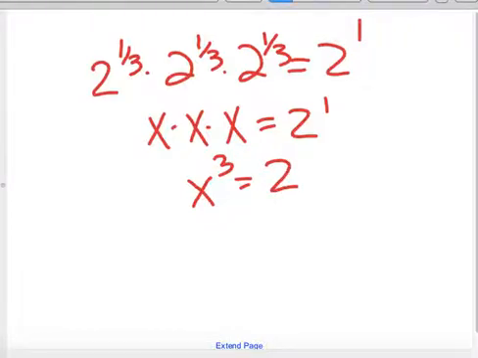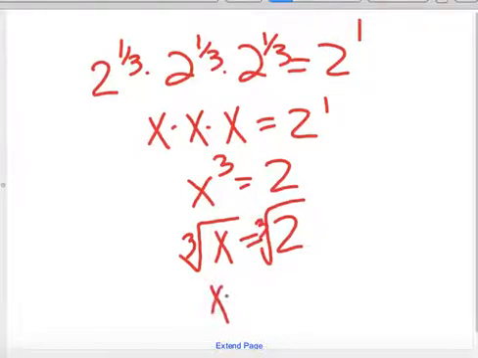But now, instead of the square root, we're asking what number times itself 3 times gives 2. So you can change the root to match the exponent, and in this problem it would be the 3rd root, or the cube root, that we would be looking for.